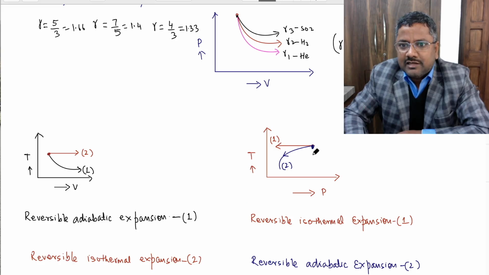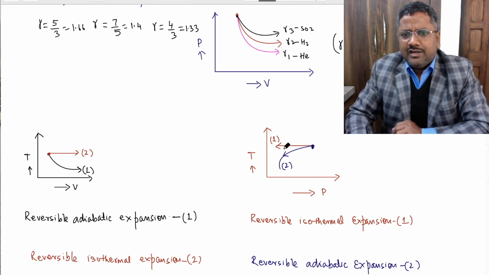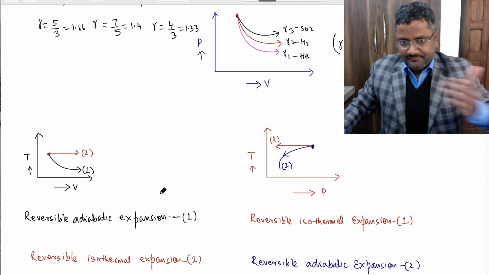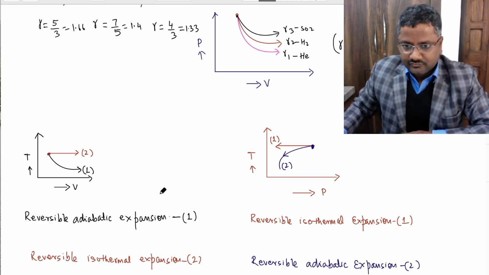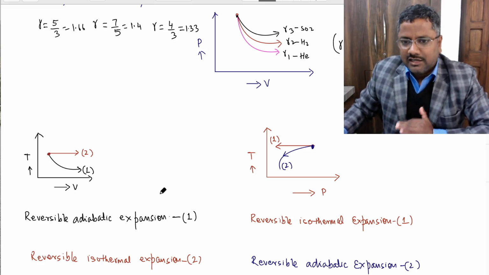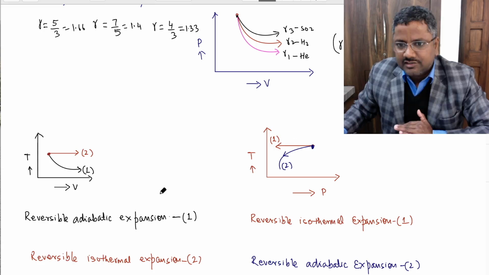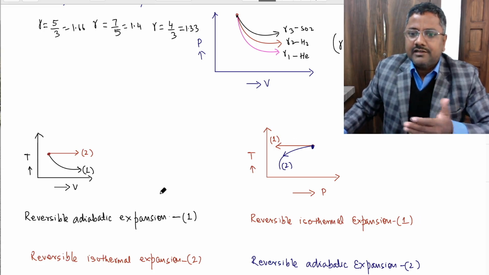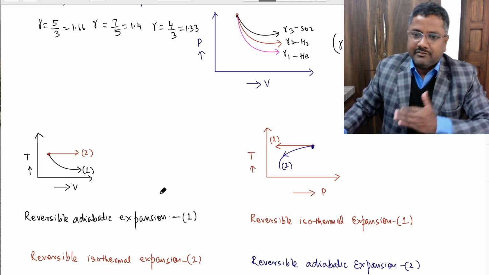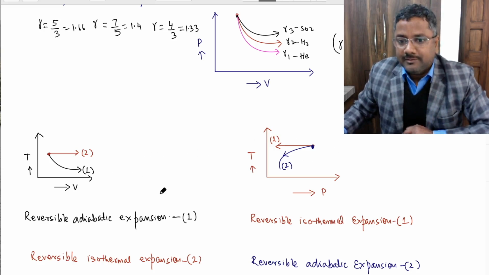So pressure should be high here, and pressure is high here. So this point should be like this. Every point you can justify here. So in this way you can explain the different plots for reversible isothermal expansion and reversible adiabatic expansion on different coordinates, between T and V, between P and V, between T and P, right?